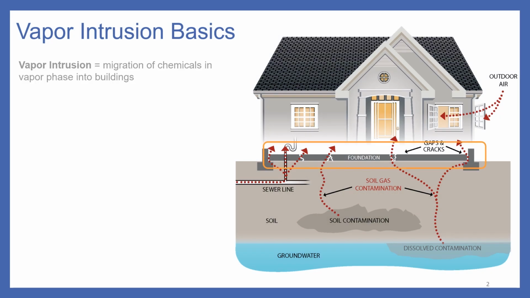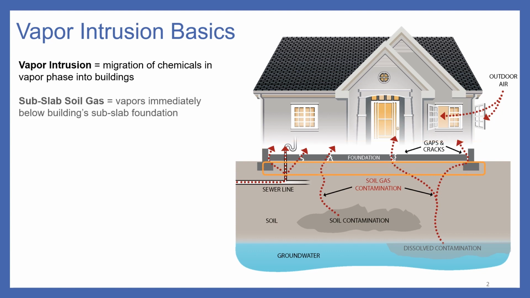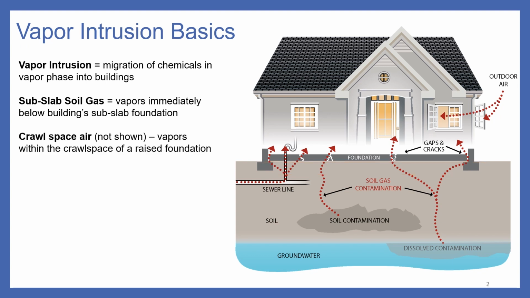First of all, vapor intrusion is the migration of vapor-forming chemicals, or VFCs, in the vapor phase that move from areas of contamination in the subsurface and migrate up into a building. Subslab soil gas is the vapors that exist immediately below a building's foundation, whereas crawl space air, which is not shown on this figure before you, are the vapors that exist within a crawl space for a raised foundation type building.